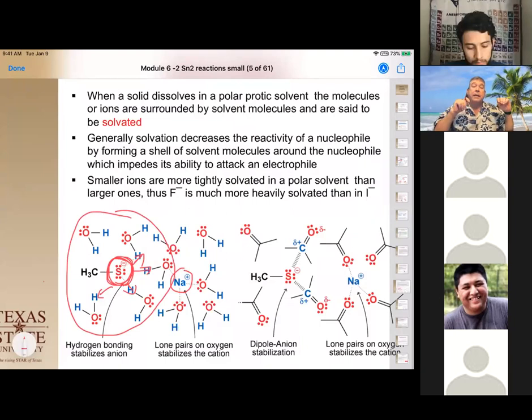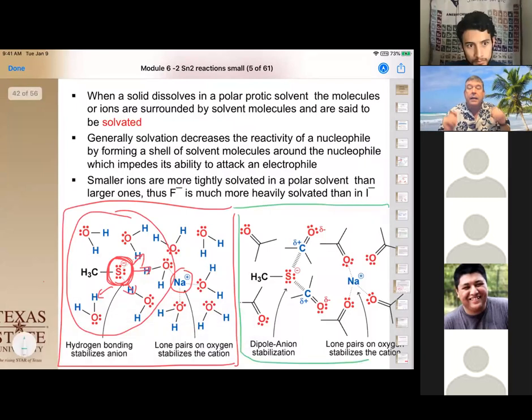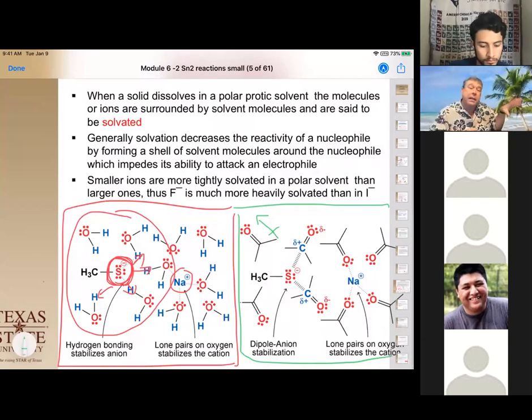So if instead of using water as our solvent on this side, let's use acetone on this side over here. In acetone, we don't have hydrogen bonds because it does not have an acidic proton. However, it does have a dipole moment, right? So we have the partially positive side here and the negative side here. And so what happens is we have an ion-dipole interaction, which is not as strong as the ion-hydrogen bond interaction, okay?